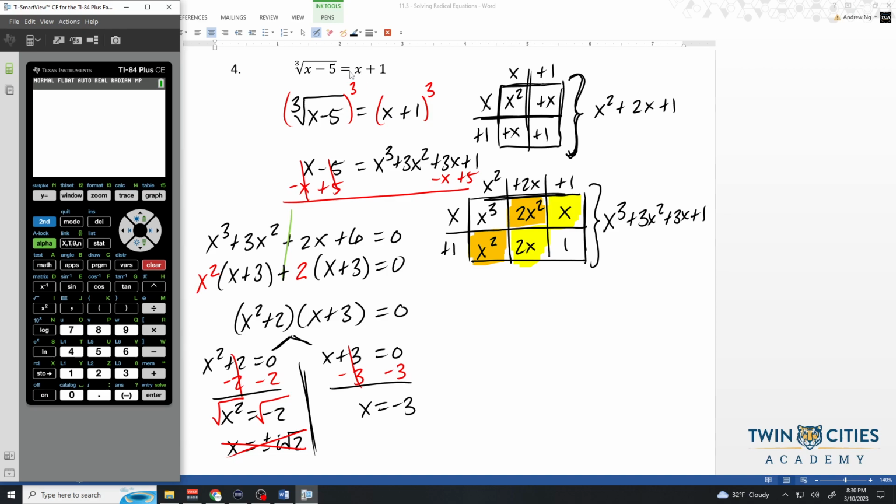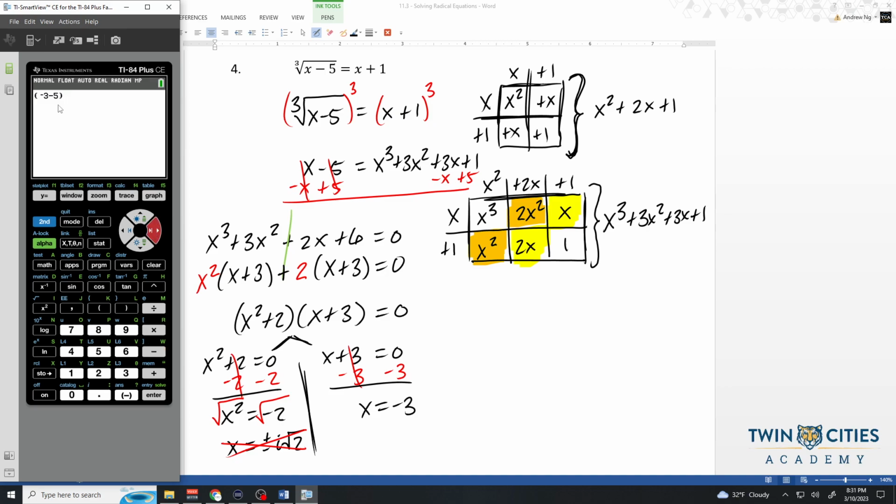And I should get the exact same thing. If I don't get the exact same thing, then it's not a true statement, and this would be an extraneous solution. So the cube root of x minus 5. So I've got negative 3 minus 5, sorry.